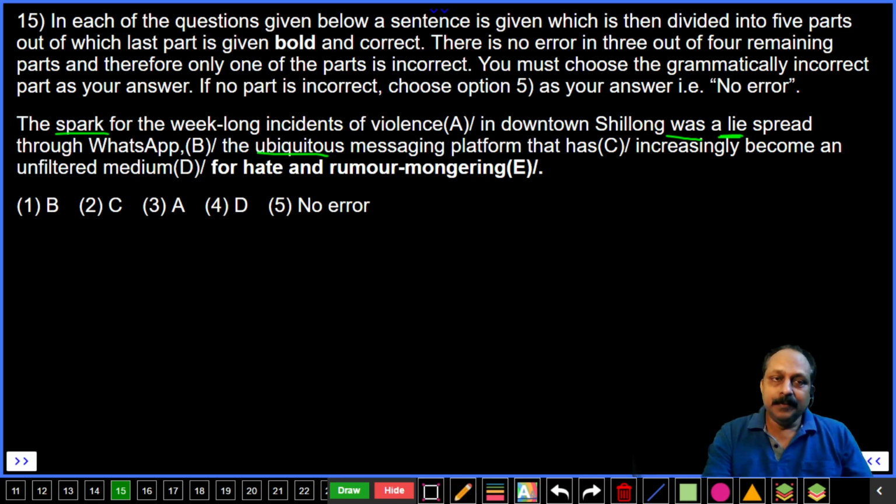Not easy. The spark for the week long incidents of violence. You should always ask questions. The spark for what? The week long incidents of violence. No error. Where? In downtown Shillong. What was the spark? Was a lie spread through. A lie spread through. Nothing wrong. Through what? WhatsApp and the information about that.